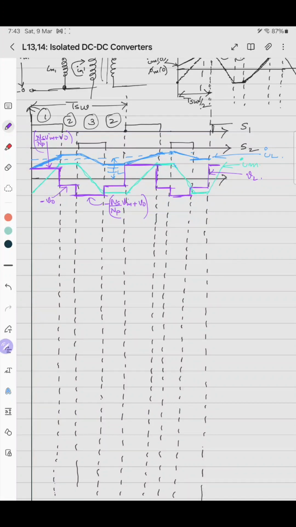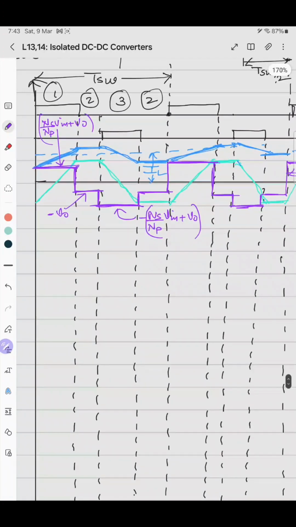So we can do the volt second balance. The overall positive area is okay. This I will erase and write like this to have symmetry.